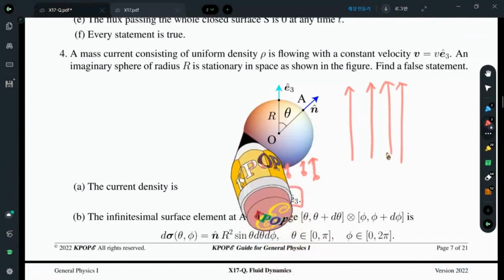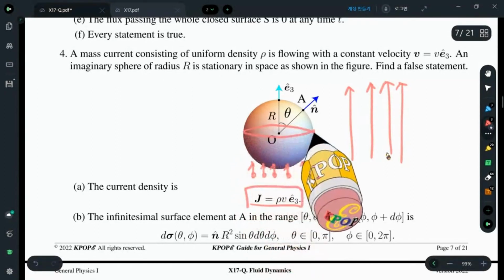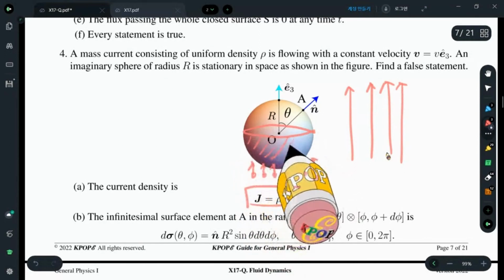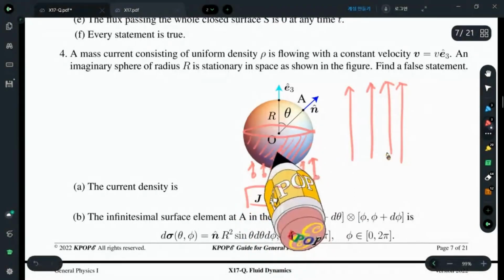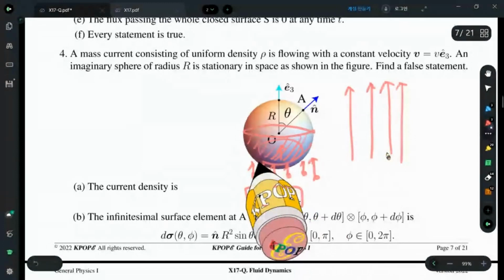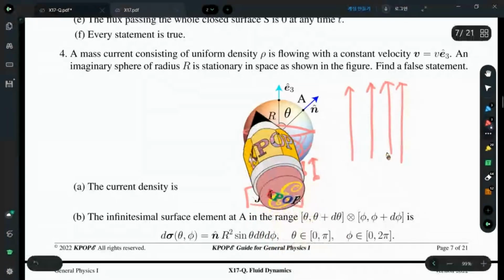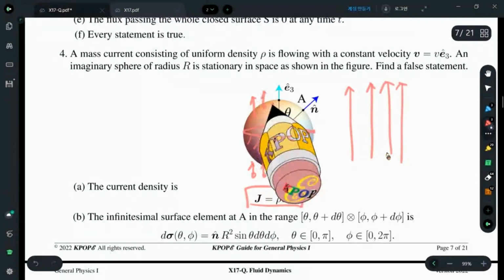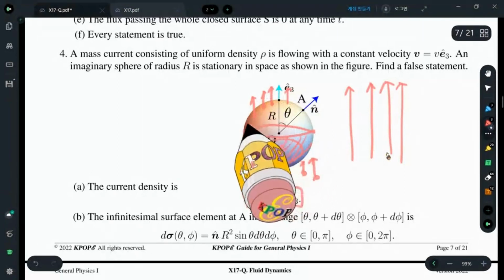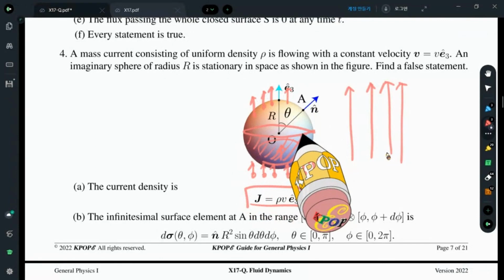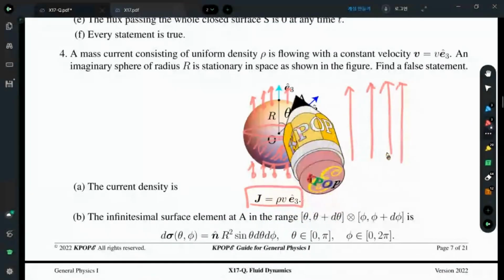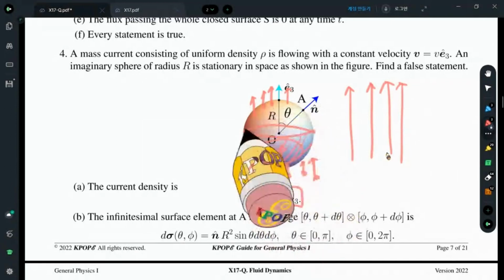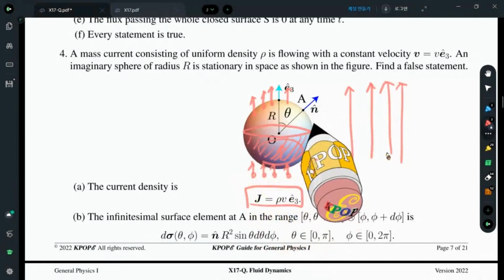Due to this flow, this lower hemispherical surface accepts mass. So mass enters into this region. And then due to this flow, mass comes out of this upper hemisphere. So I expect without any computation, I would say the net mass inside the sphere is invariant.